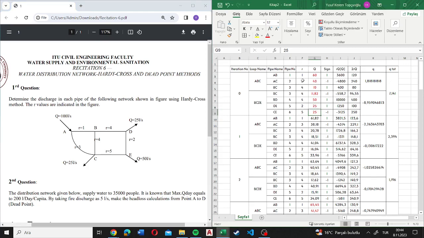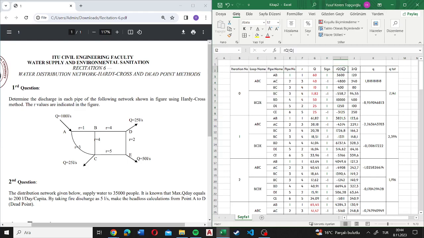After the explanation of the q assumption values, the iteration number is 0 because we first made the assumption, and after that we are going to make iterations. The signs I described, and the values are given. Pipe number and pipe name you can choose as you want, it's not important.